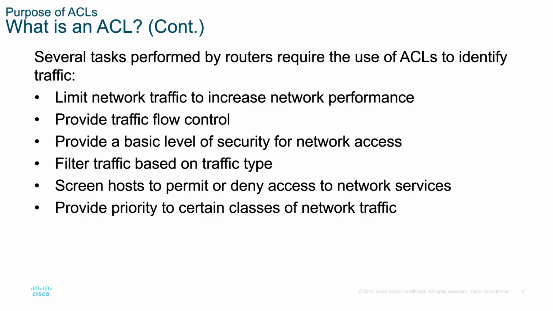We can screen individual hosts or a range of hosts from certain network services. And we can give priority values to network traffic types. So all of these are available functions of ACLs.